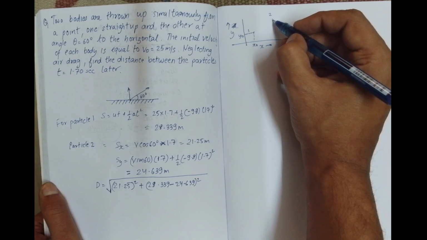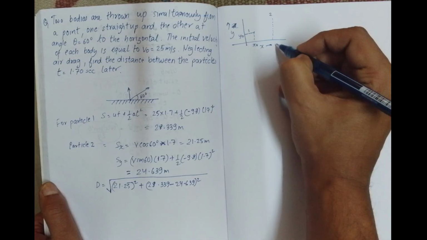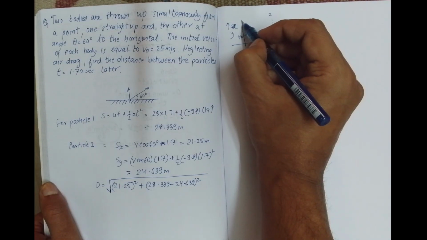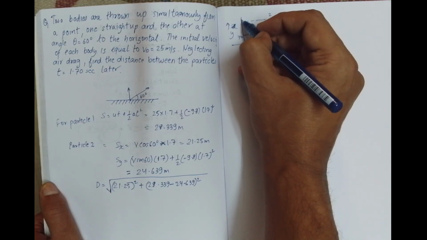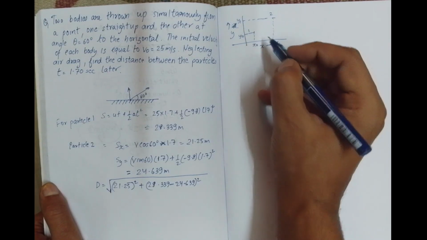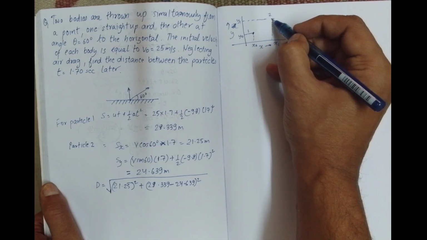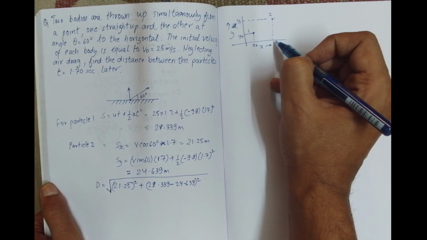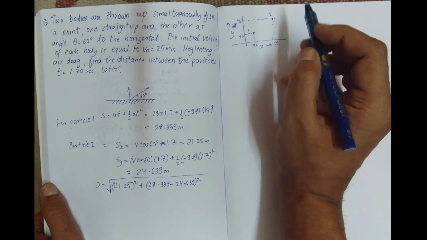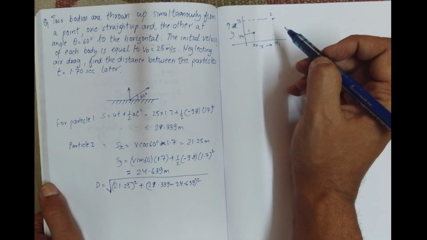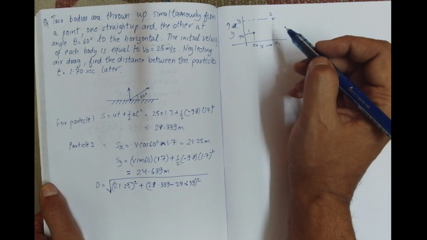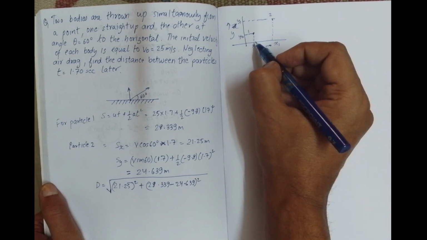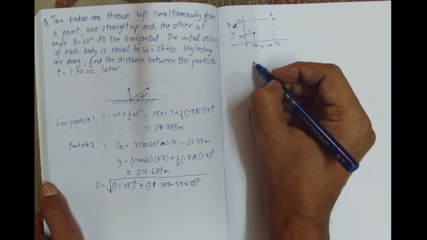Particle 2 has a certain x coordinate, say x1, and y coordinate, say y1. So what is the distance between particle 1 and particle 2? Square root of square of difference in x coordinates plus square of difference in y coordinates.